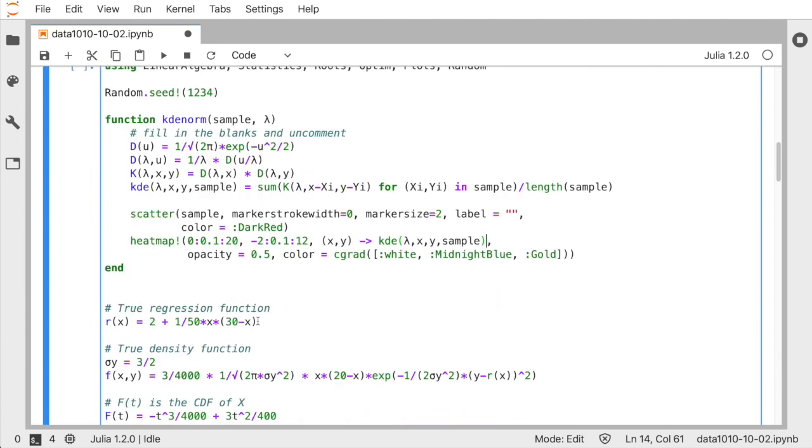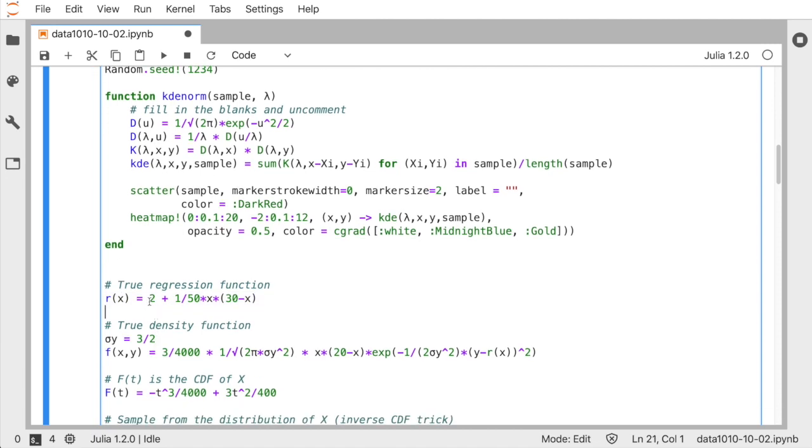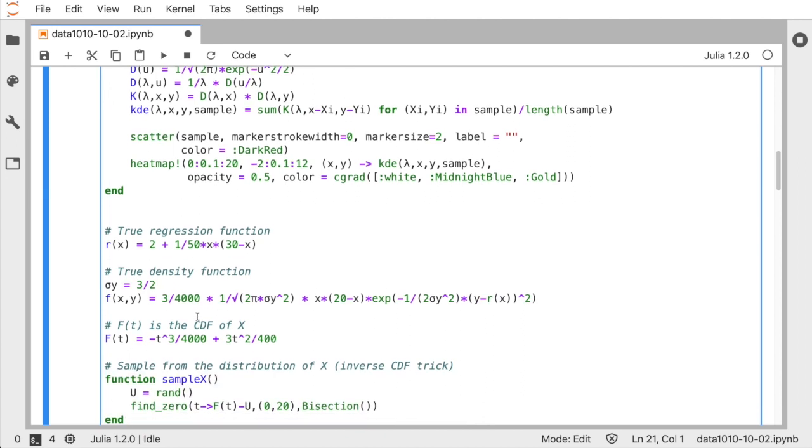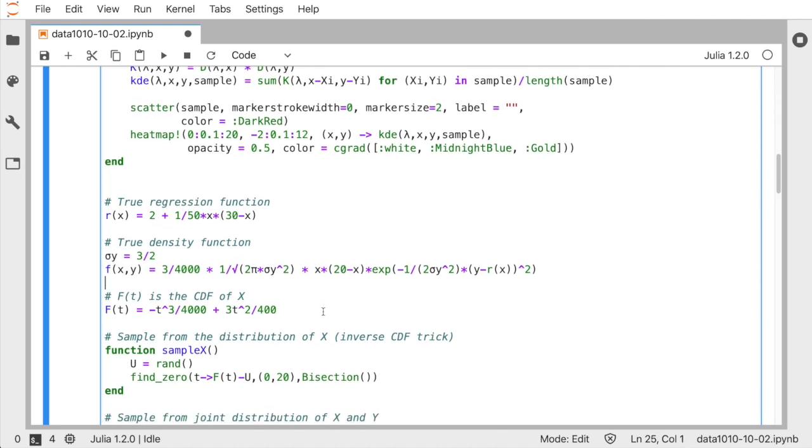And then we have some setup for this particular situation that's featured in the Data Gymnasia course. So we have a function 2 plus 1/50th times x times (30 minus x). That represents the score that you're going to get if you study x hours on average. There's a lot of fluctuation around that value, and that's going to be represented by this standard deviation in the vertical direction.